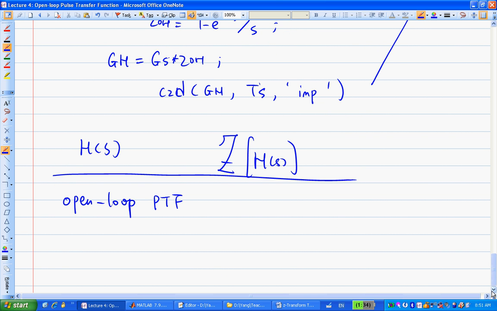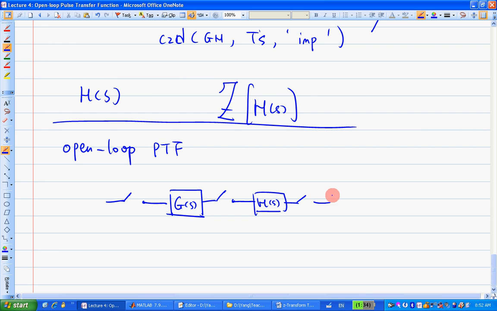Now, I just want to cover one example here, which I think I sort of mentioned. Here is an open loop system. The difference is that instead of directly connecting the two S functions, there is another sampler in between.